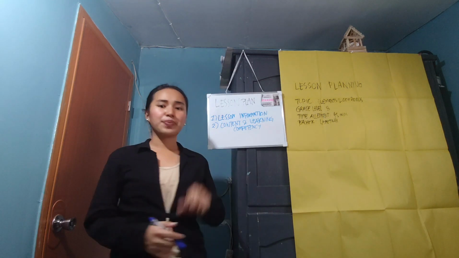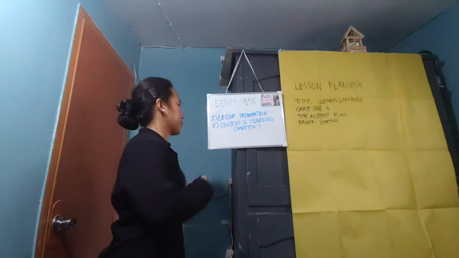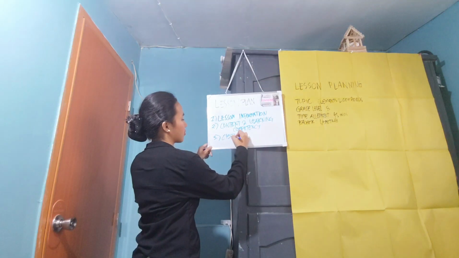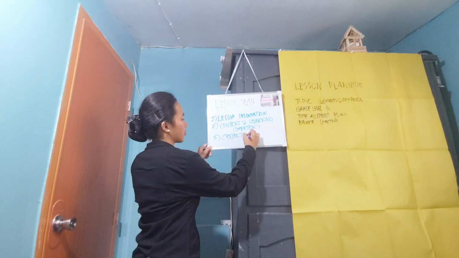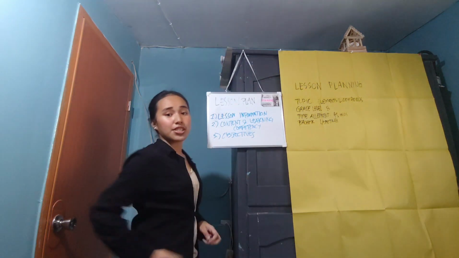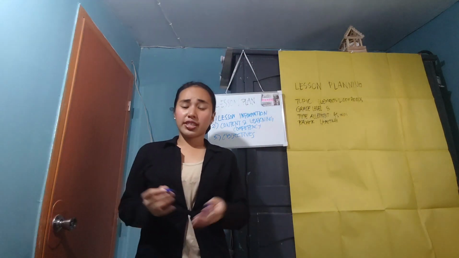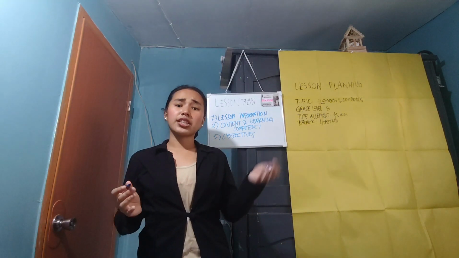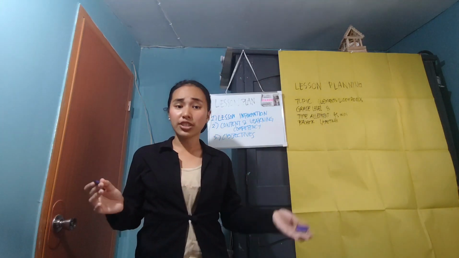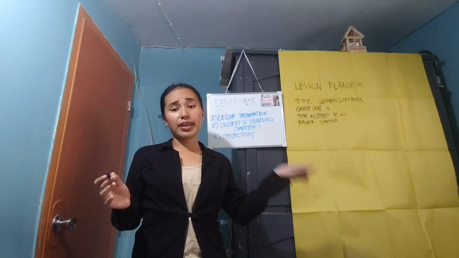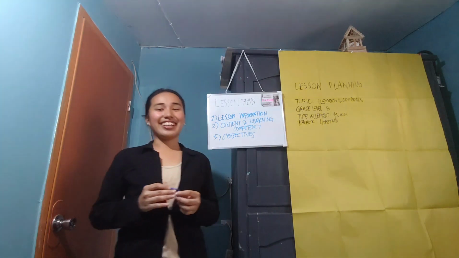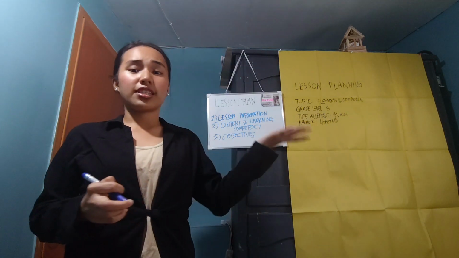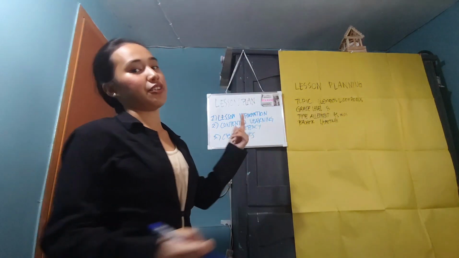Next, we have objectives. The objectives section in the lesson plan states the specific lesson outcomes students should achieve at the end of the lesson. According to the lesson plan, the objectives are the following.